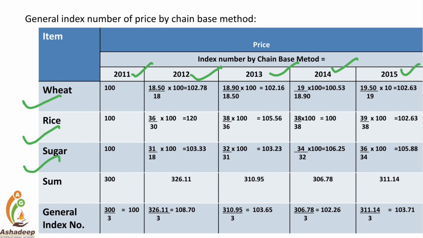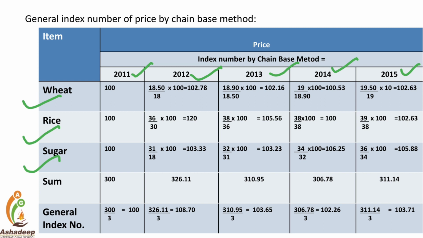First, the first year is 2011, and now I think you very well know that in the chain based method the first year index number will be 100. And what is the reason for this? The reason is, for the first year we do not have its preceding year, and that's why we are putting the value of the index number for the first year as 100.